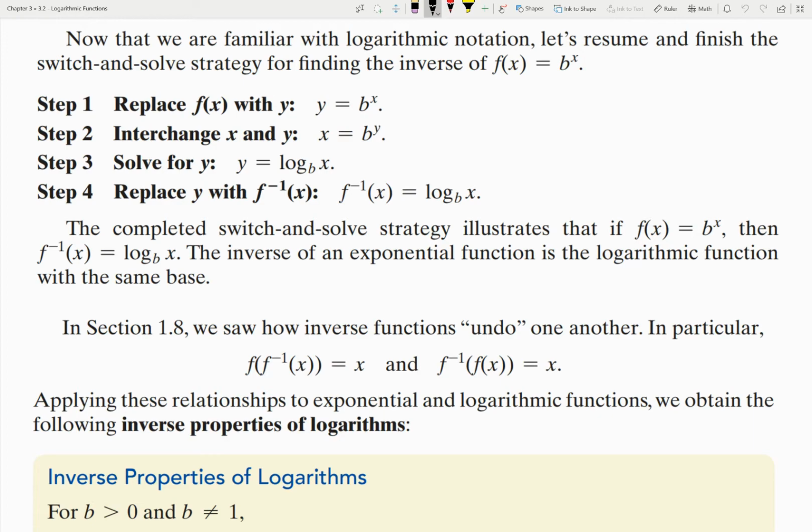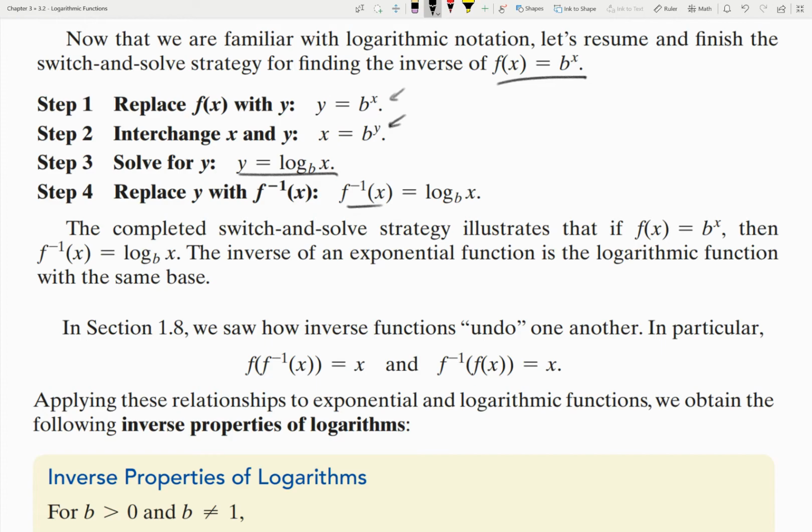Now that we have talked about logarithms a little bit, we can finish our switch and solve strategy and actually find the inverse of my exponential function. So we start with my exponential function, switch x and y, and now we rearrange it into the logarithmic form. Y equals log base b of x, which is a function, so I can write the inverse.